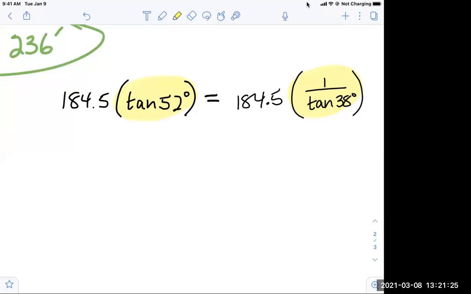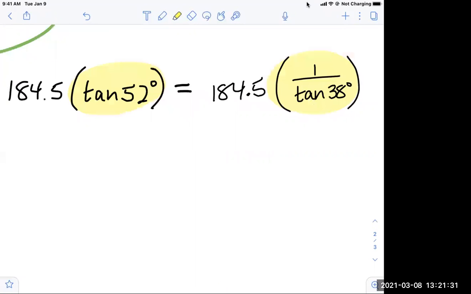We know that when you have complementary angle measures, they'll be reciprocals. The tangent of 52 is the reciprocal of tangent 38.